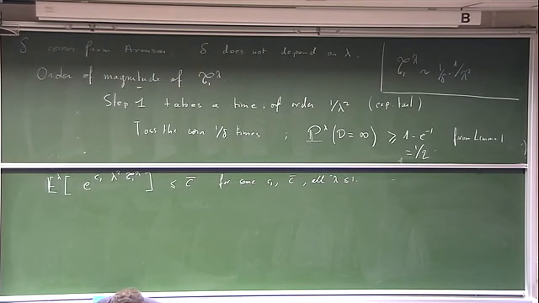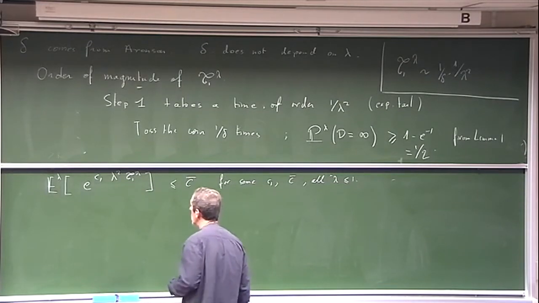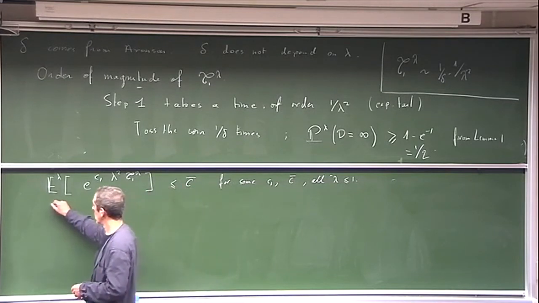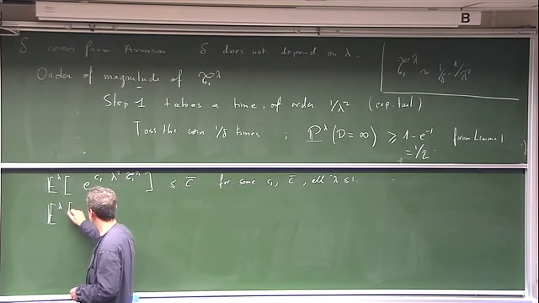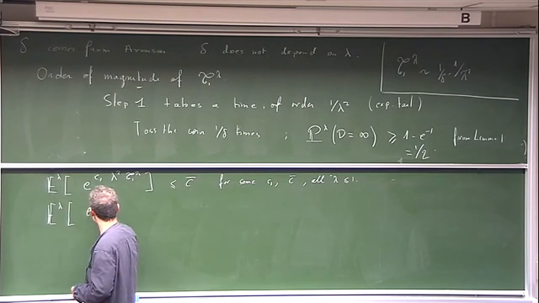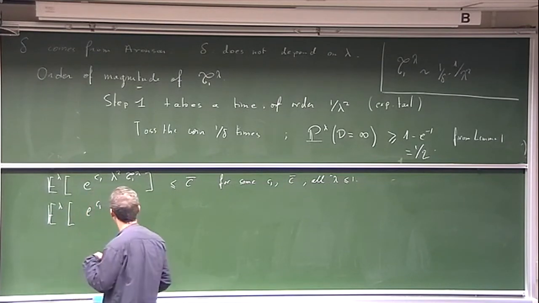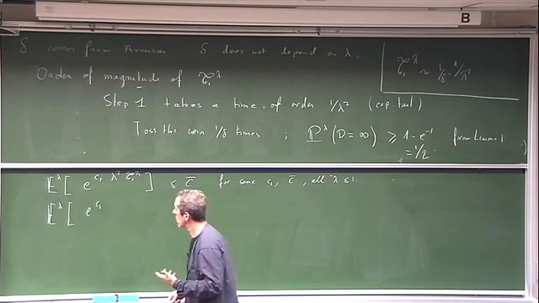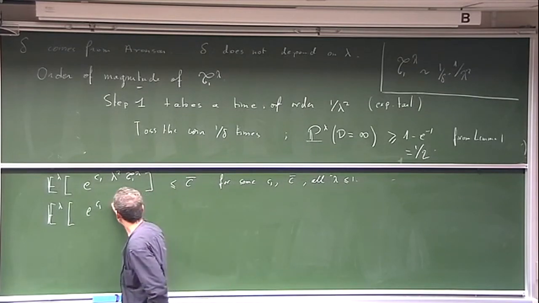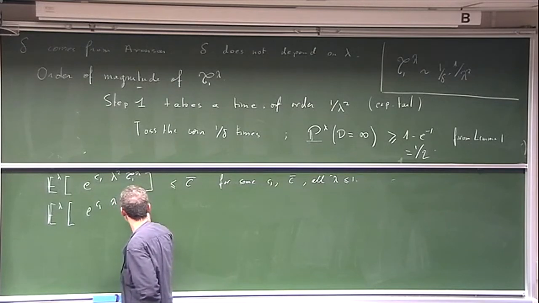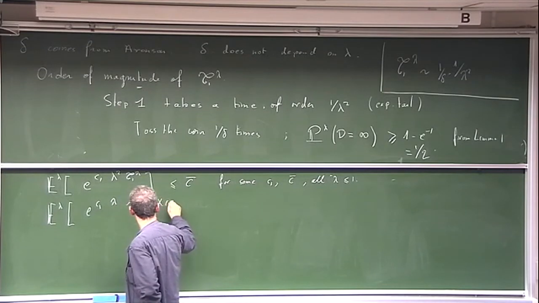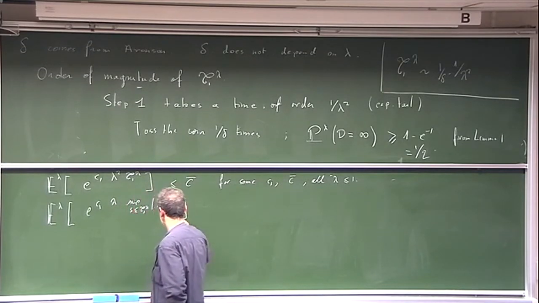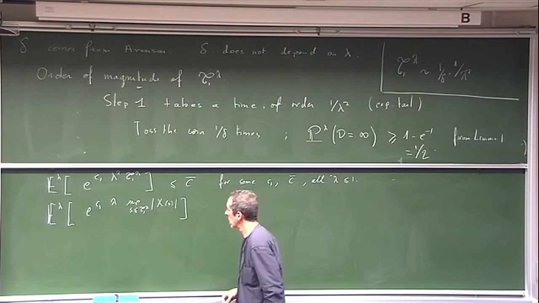And we have a similar statement for the position. So if you look at the position, the natural scale is not lambda square, it's lambda. But if you do something like, you can even put the sup for s less than tau 1 of lambda of X_s, so this should be for 1 over lambda.